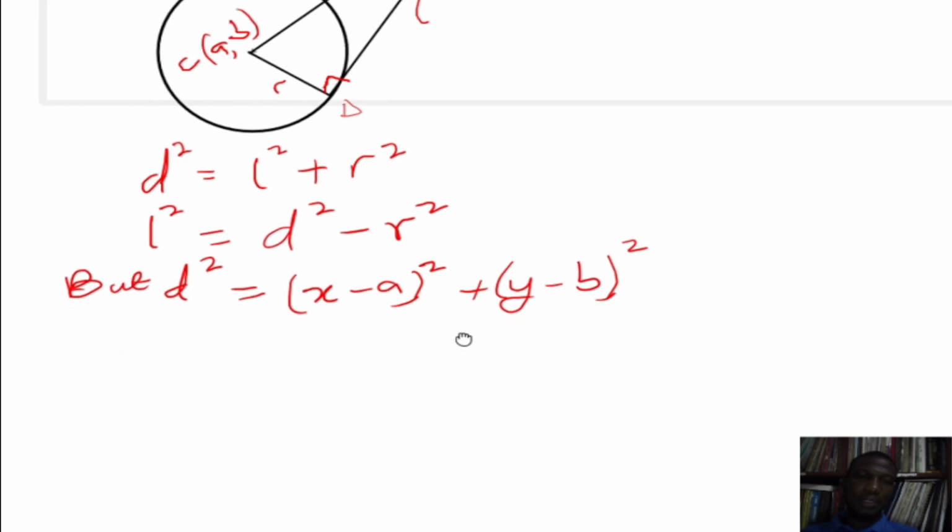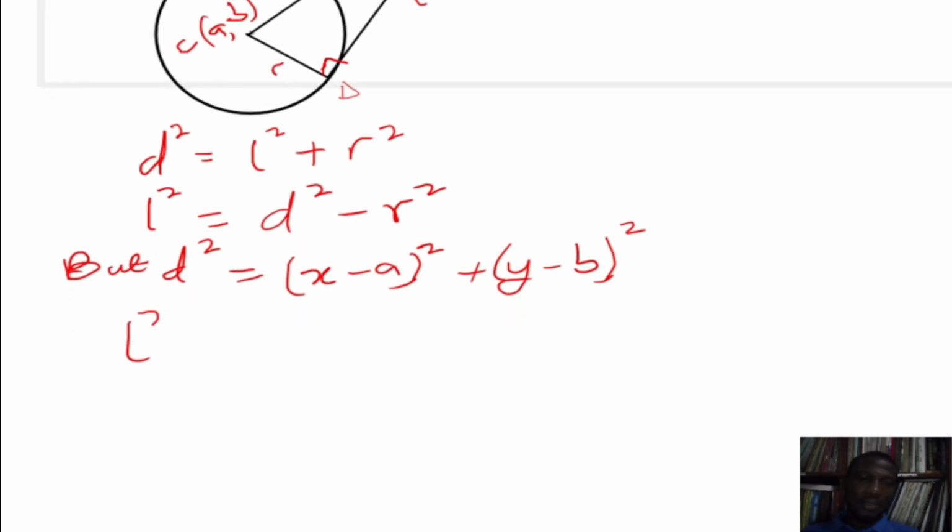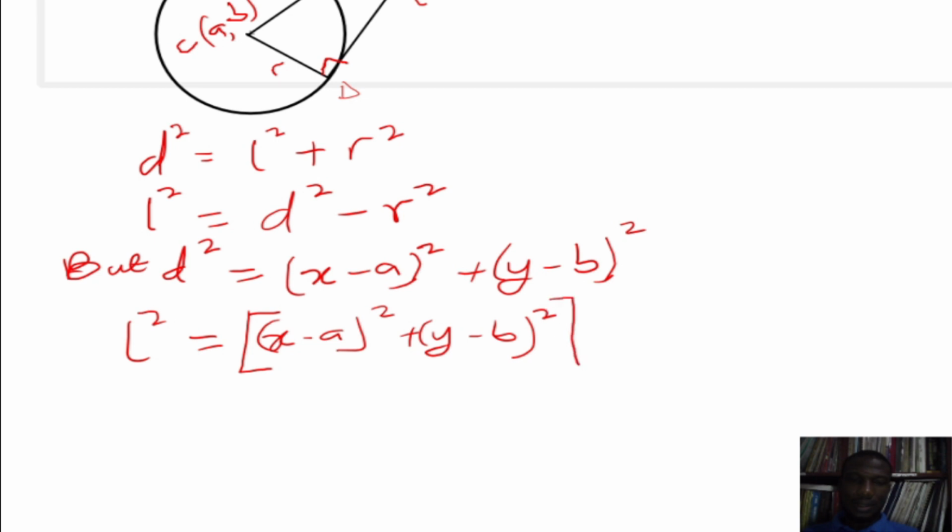So from that, L squared will be equal to (x minus a) all squared plus (y minus b) all squared, and the whole of this minus r squared.